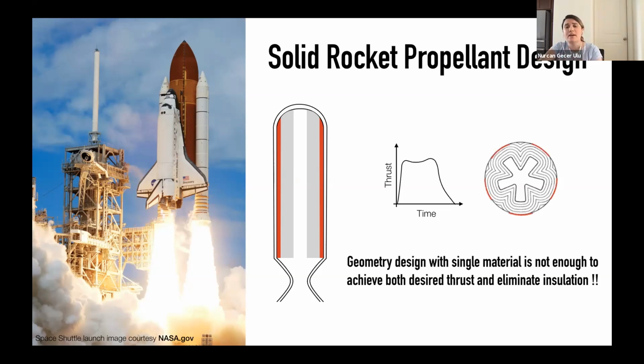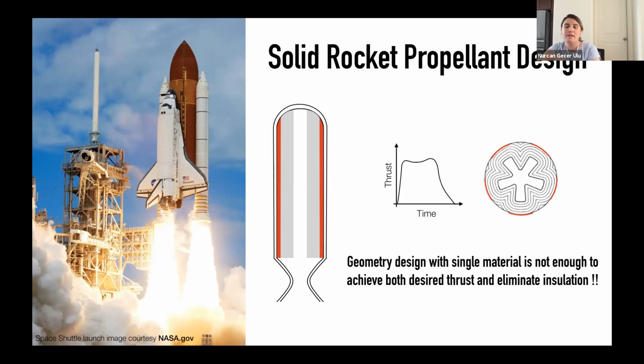So here on the right side, you're seeing one geometric design that creates the thrust profile on the left. But one problem here is that the red regions shown there on the casing will be exposed to the flames of the remaining propellant parts that are still burning.